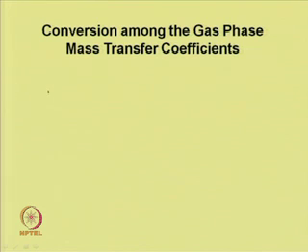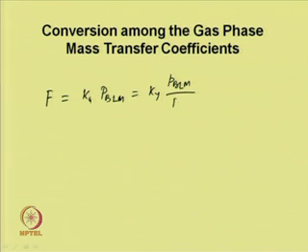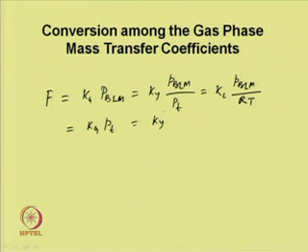So, we know F is equal to Kg Pb Lm, and this related with Ky Pb Lm by Pt is equal to Kc Pb Lm by RT, which we can write Kg Pt is equal to Ky dash is equal to Kc dash Pt divided by RT.